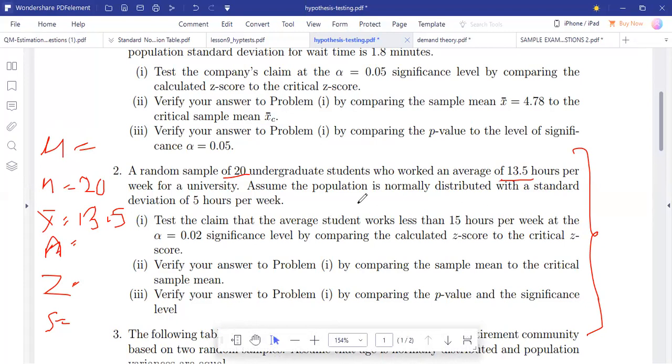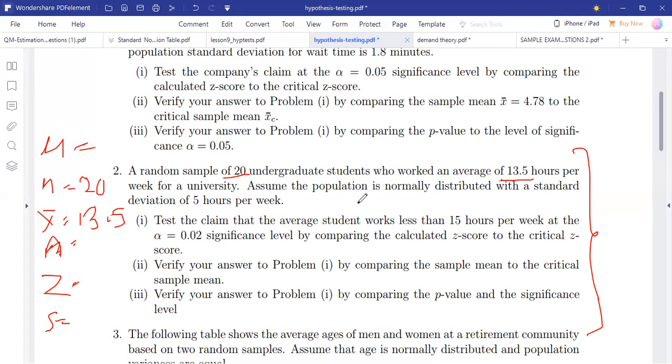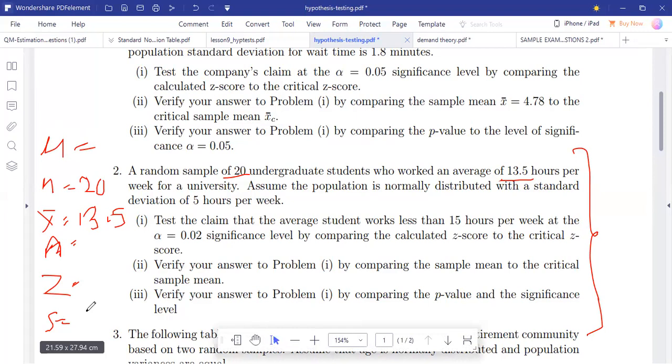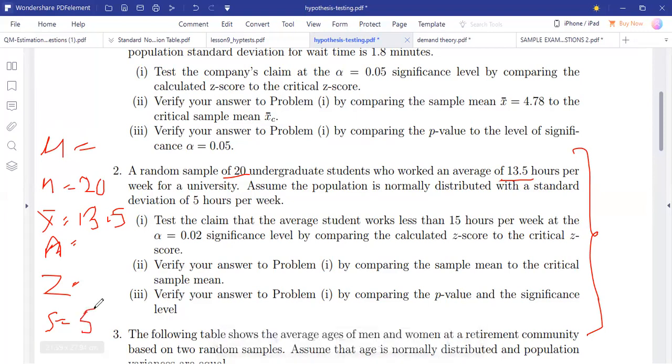What else do we have? The standard deviation at 5 hours. So s is equal to 5 hours. What else?